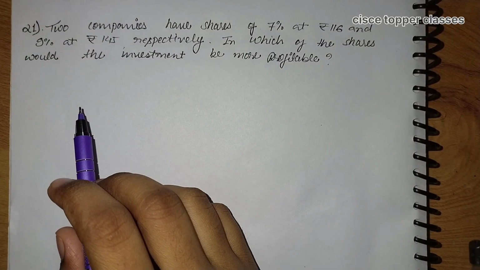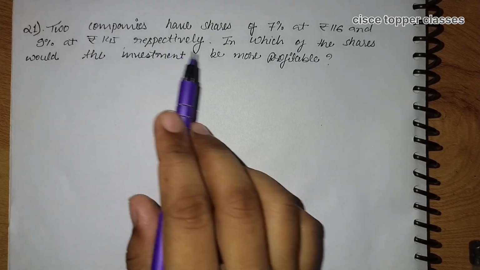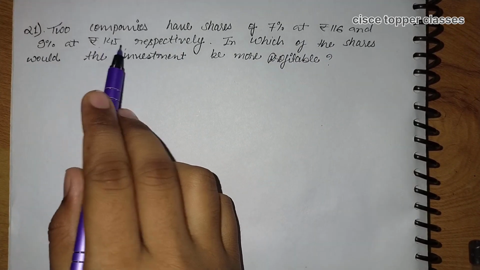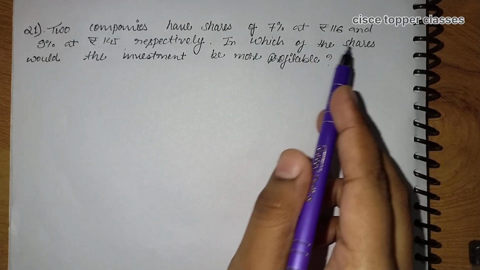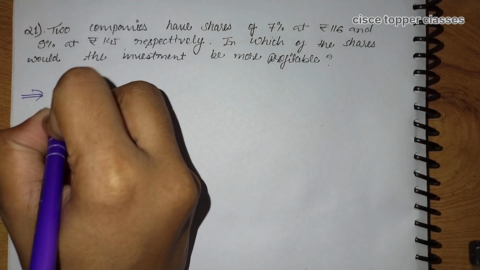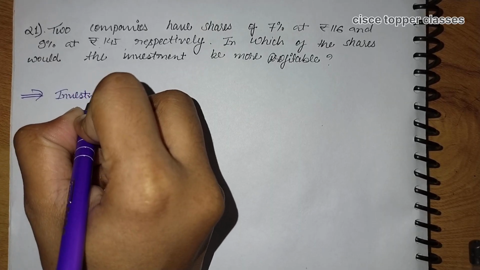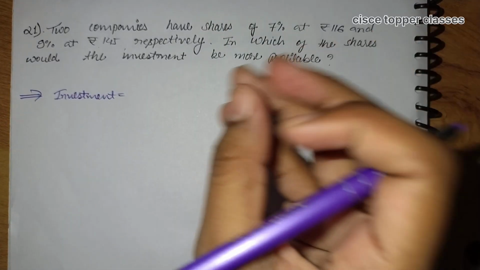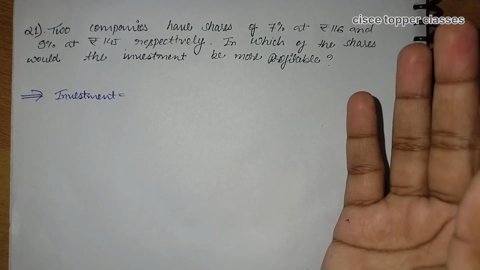Now let us solve here question number 21. Two companies have shares of 7% at 116 and 9% at rupees 145 respectively. In which of the shares would the investment be more profitable? So we know in both the companies investment we will take same only for the comparison, so that we can make out which company is more profitable here.